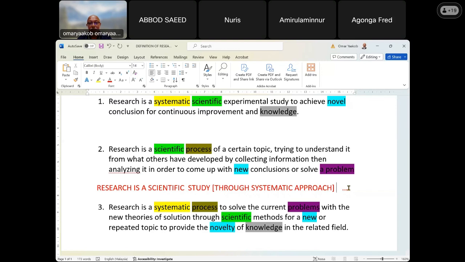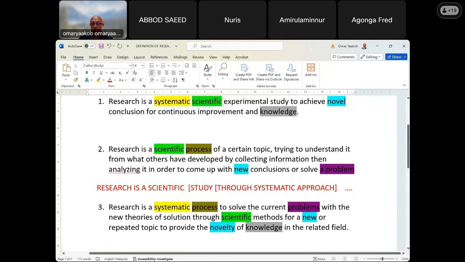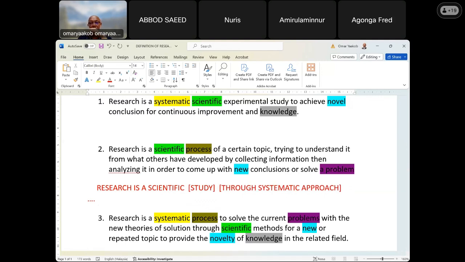We're talking about scientific and systematic, but from the definition I can see here, I personally can see a process attached to scientific. A scientific process. I'm trying to contribute to what one of our students said concerning scientific and systematic being the same. If you combine process with scientific, that equals systematic from my own point of view.